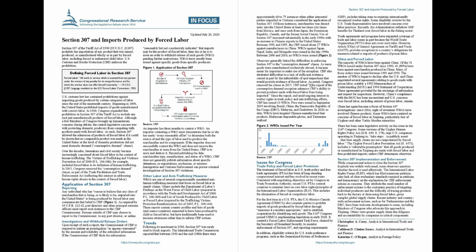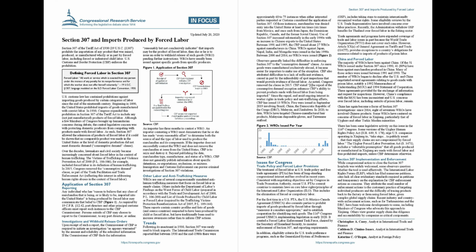As such, Section 307 allowed the admission of products of forced labor if it could be shown that no comparable product was made in the United States or the level of domestic production did not meet domestic demand (consumptive demand clause). Over the decades, lawmakers and civil society became increasingly concerned about forced labor in the context of human trafficking.